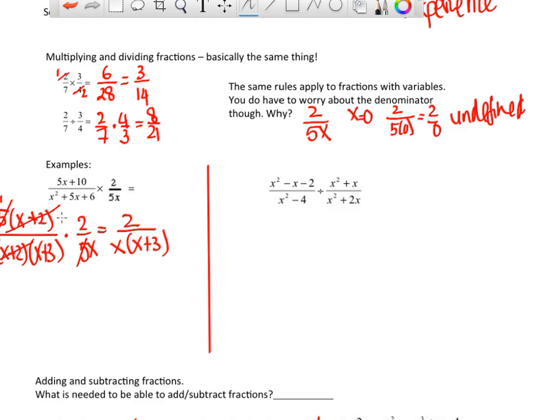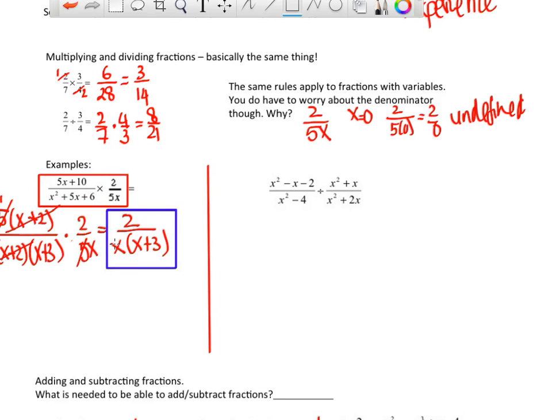However, we do have to note here that this product is going to be equal to this product over here, but we do have to exclude all of the numbers that don't work here.